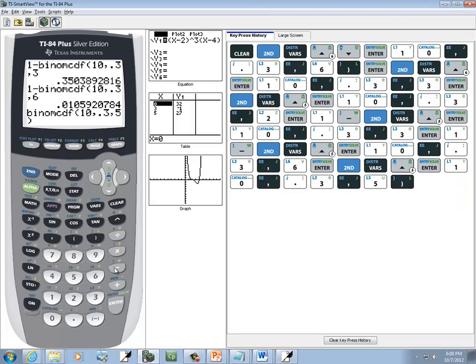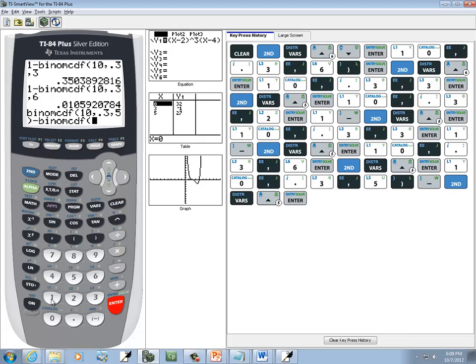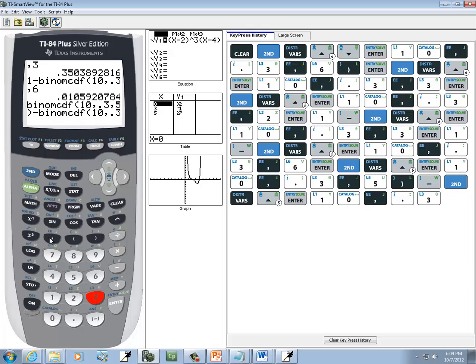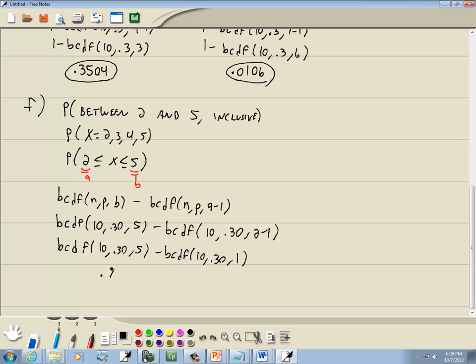Closing parentheses, minus, second vars, up arrow to binom CDF, 10, comma, 0.3, comma, 1. Closing parentheses, enter. And our answer would be 0.8033. And the last part of that particular problem.